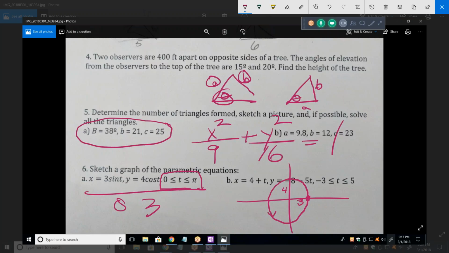So that's how you get that point. And y goes from 0 to 4, obviously. And as t is counting up, you're going to be going in this direction. In other words, as t progresses between 0 and pi, I'm almost certain you go around the whole circle at least once.